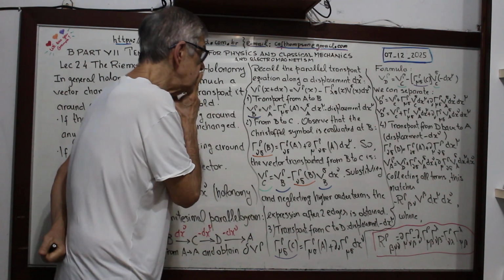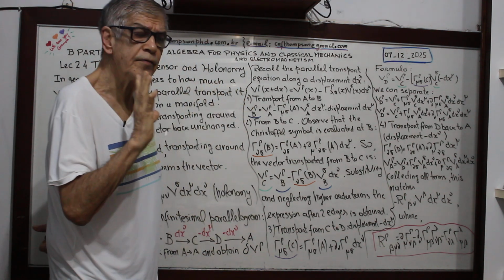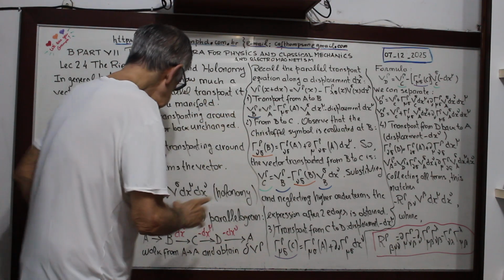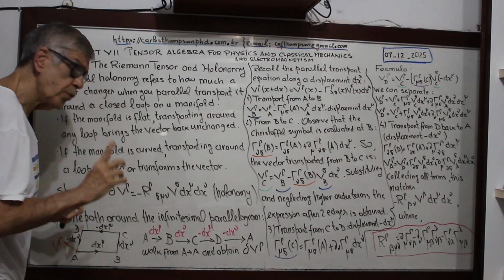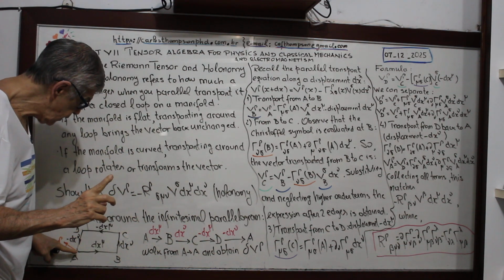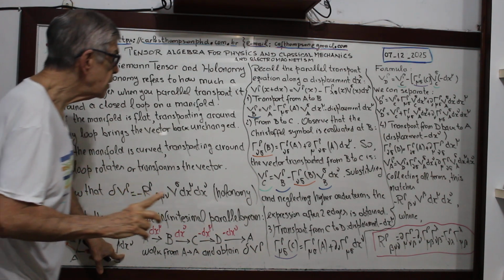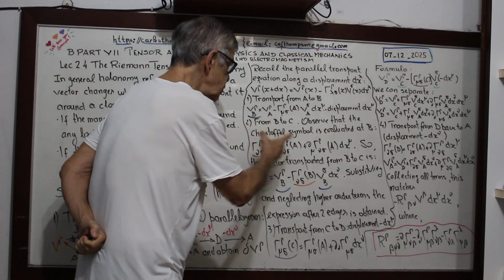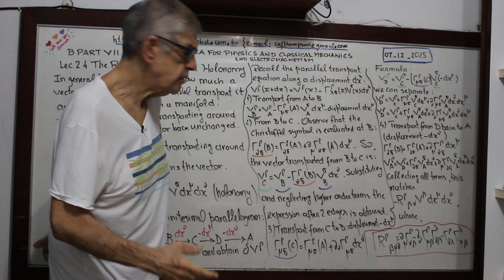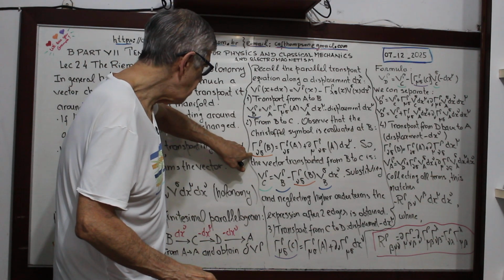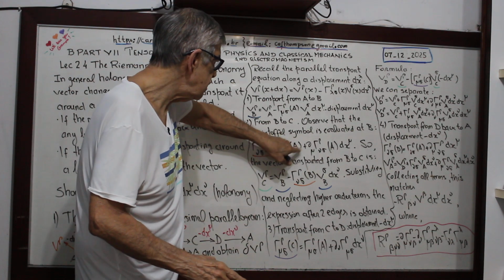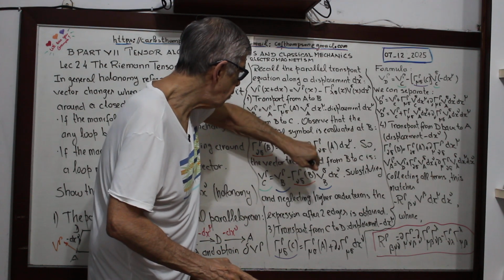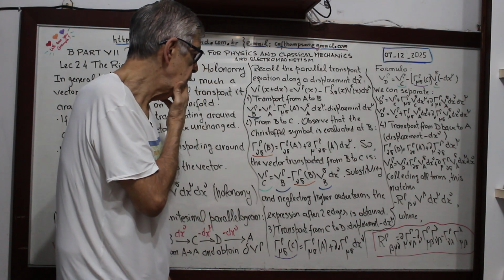Now from B to C. Here you have to pay attention, because from B to C I already used the Christoffel symbols once. So here, for the Christoffel symbols, I just used the Taylor series: the Christoffel symbol at B is the Christoffel symbol at A, plus the first partial derivative of the Christoffel symbol, dx mu.